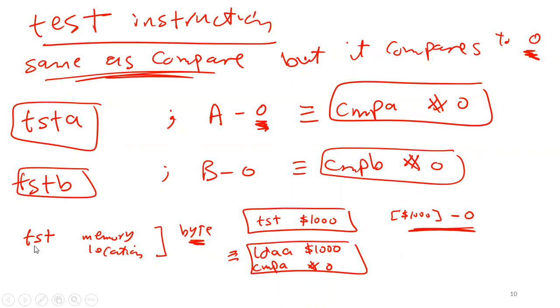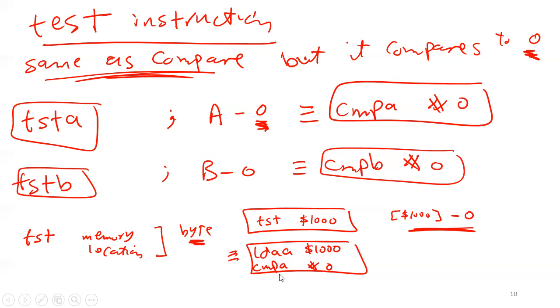You can say instruction test, and after test you have to put a memory location, and this memory location has to be a byte. So this one is used if you want to compare a byte memory location to 0. For example, I can say something like that, guys. Test 1000. So what this instruction is going to do is subtract 0 from 1000, as you see. Okay.